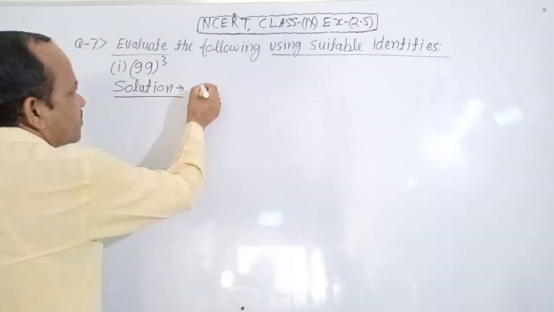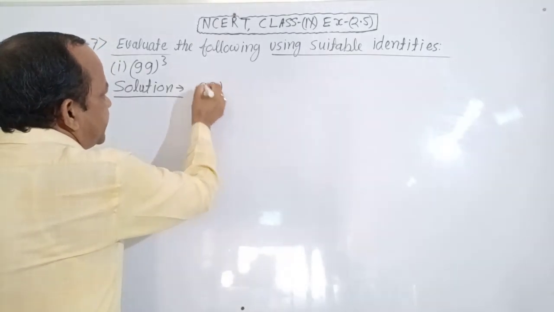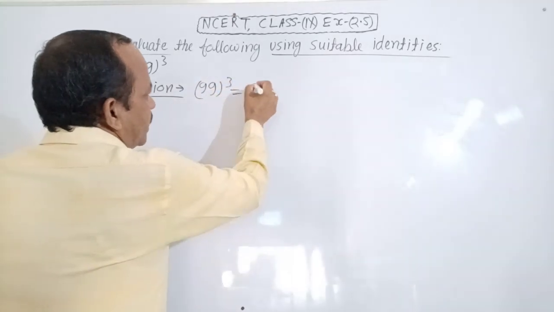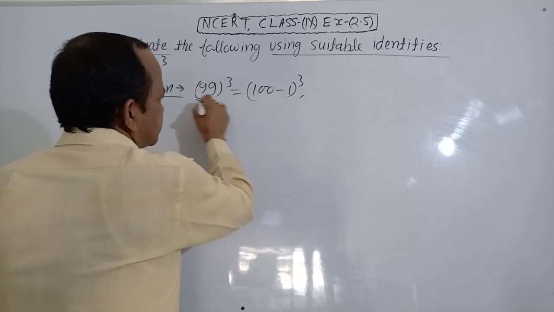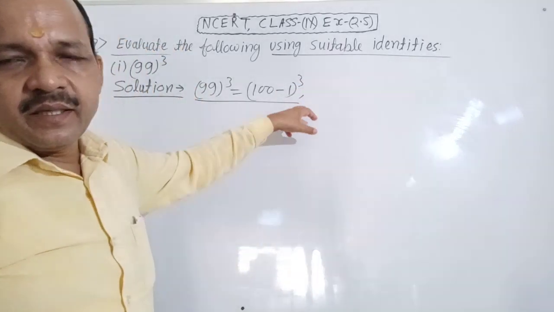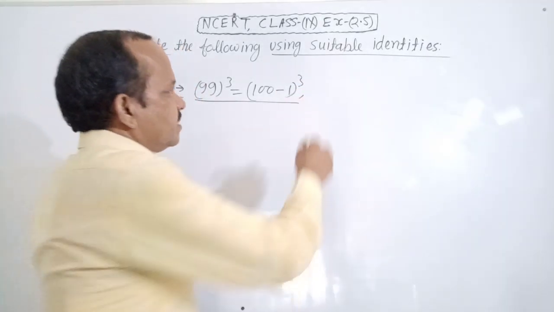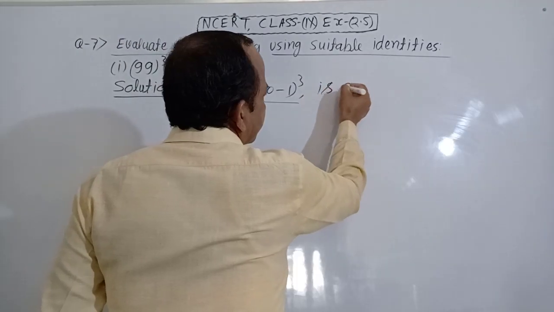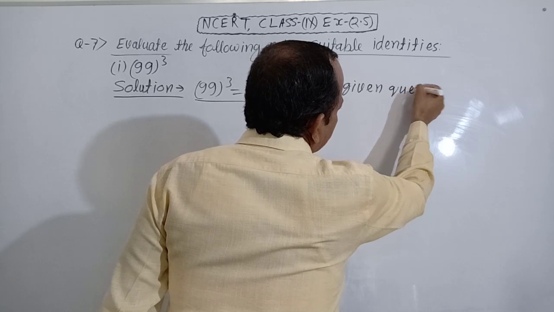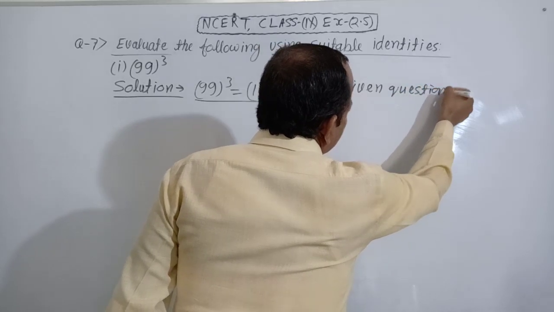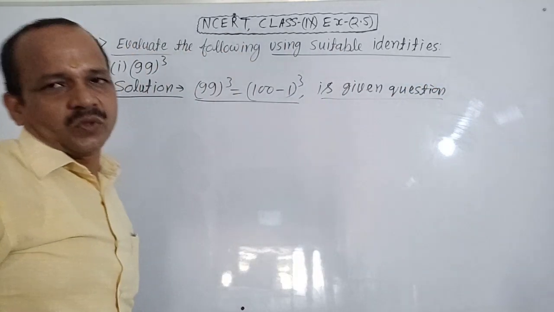See the book. 99 whole cube equals (100 minus 1) whole cube. This is the given question.